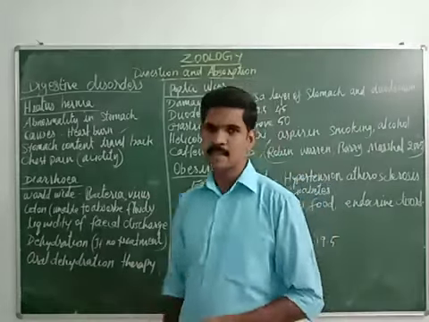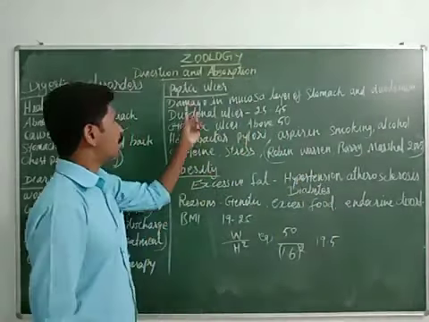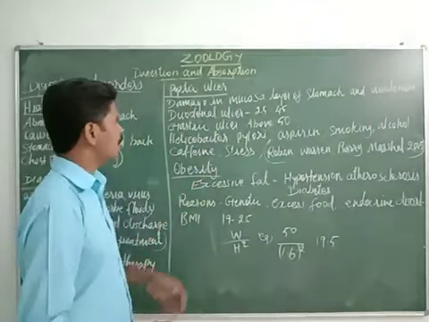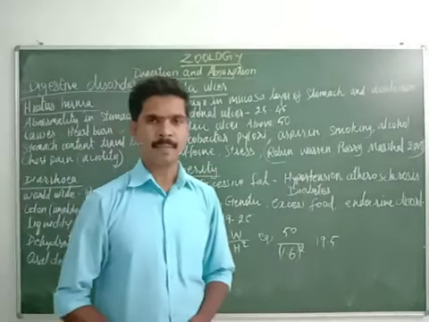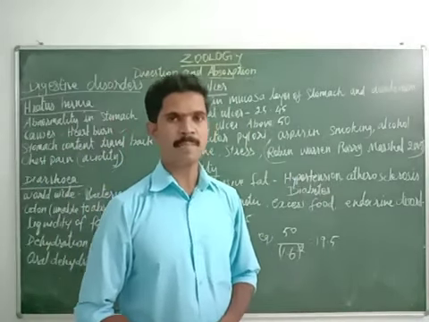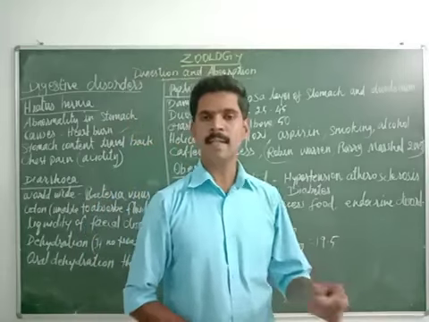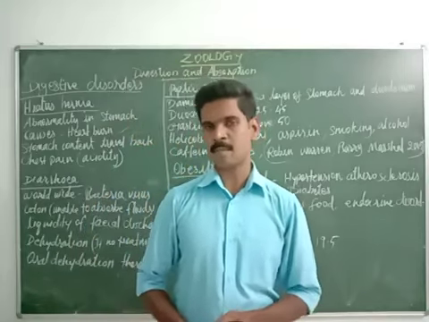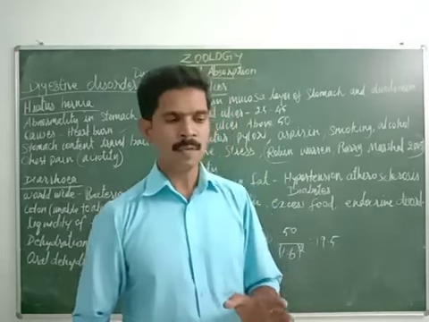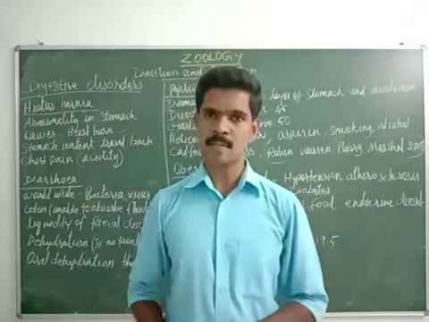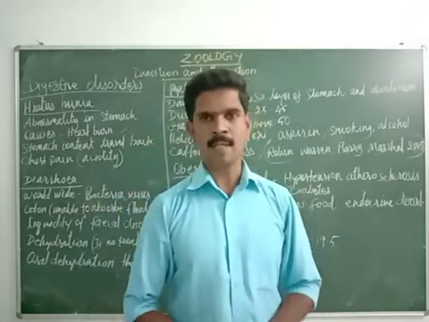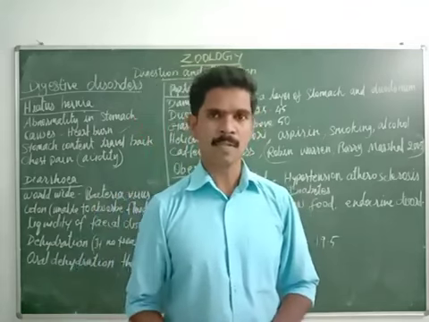Then the third disease is peptic ulcer. If anyone is affected with peptic ulcer, the inner lining of the digestive system is damaged. The wall of the digestive system is made up of four layers: serosa, muscularis, submucosa, and mucosa.